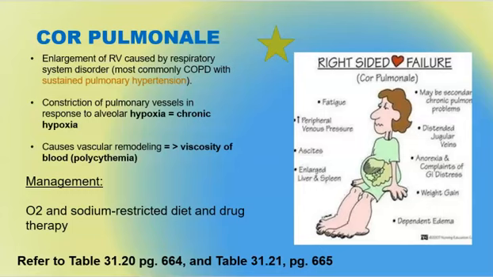Okay, so you have hypoxia, they can't get what they need, which causes this remodeling. It seems crazy, but everything remodels, which increases the viscosity of the blood, which is that polycythemia, because your body is starving to get more oxygen, right? Management, you need to supplement with oxygen, a sodium restricted diet, and drug therapy. I really want you to focus on those tables and page numbers that I have listed on this.